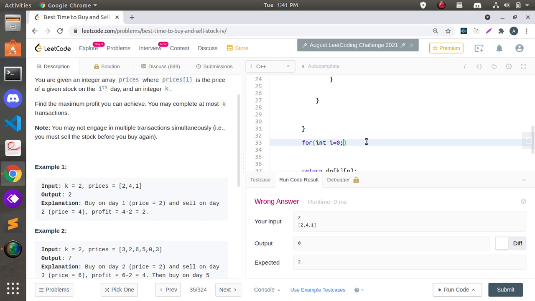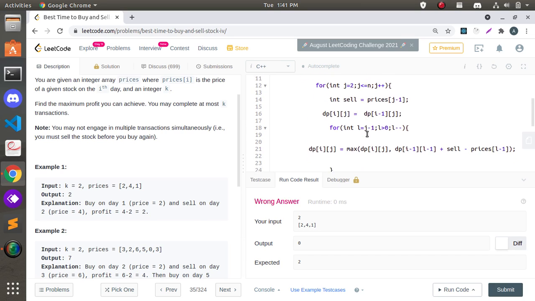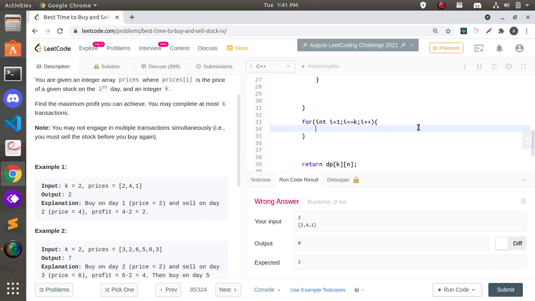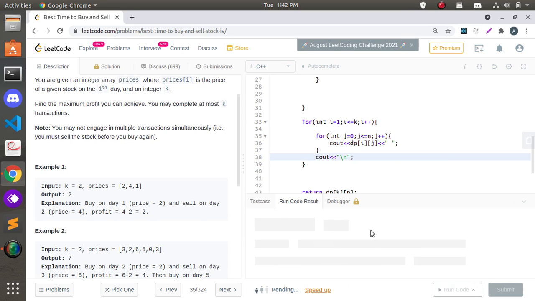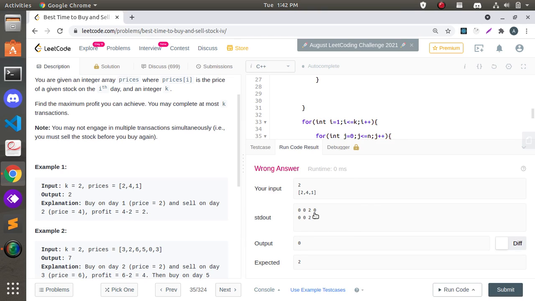So i is 0, i less than 23, and plus. Able to go to the i minus 1 transaction, right?